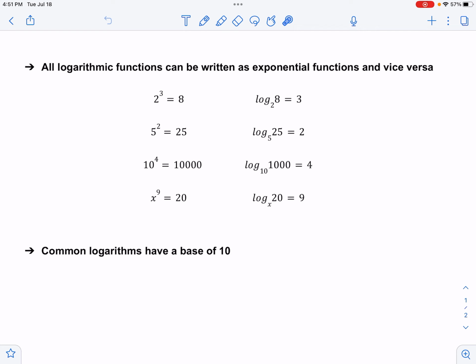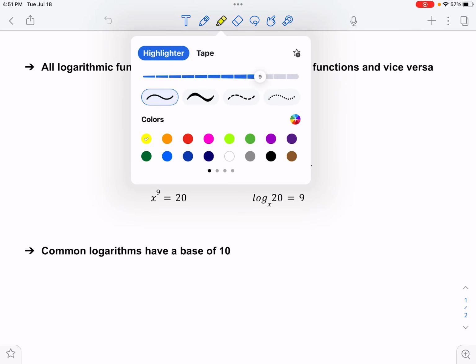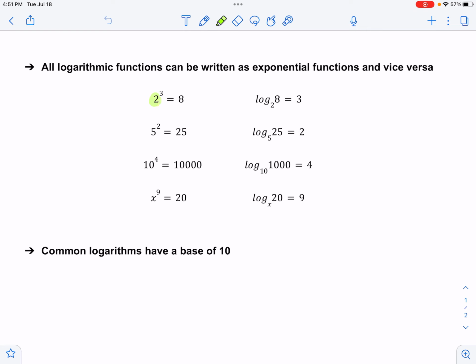All logarithmic functions can be written as exponential functions and vice versa, okay? There's 3 pieces that are happening here. You have the base of your exponential, and that matches up with this little subscript number down here, okay?